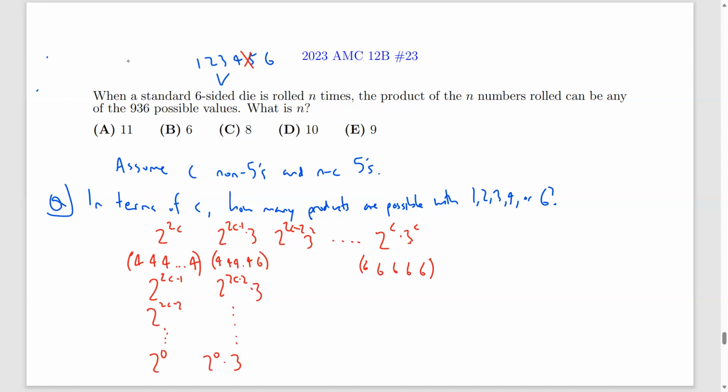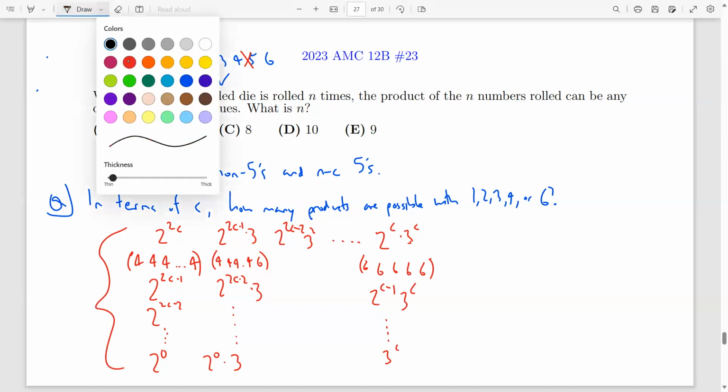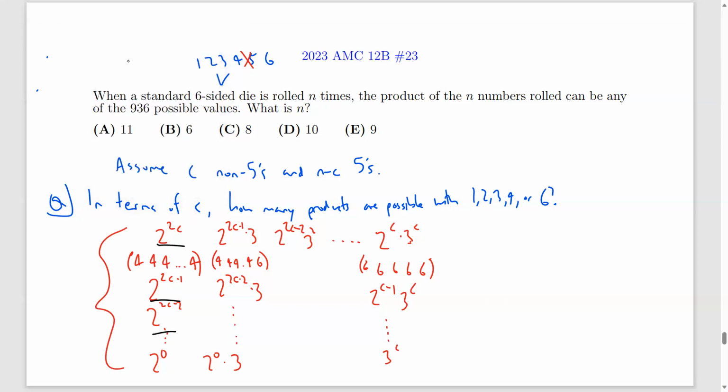So with 2 to the C times 3 to the C, I can obtain the numbers 2 to the C minus 1 times 3 to the C, all the way up to 3 to the C. It's worth remarking that this table that we just constructed lists all possible products, because if a 6 is replaced with a 2, I obtain the previous product divided by 3, but this will already be counted.